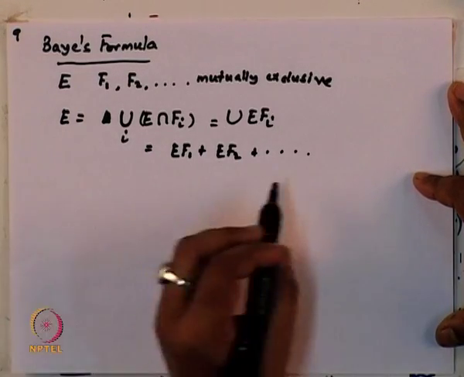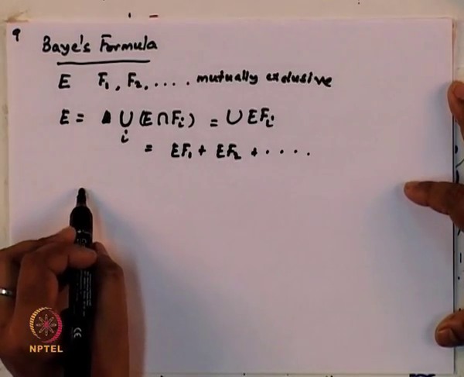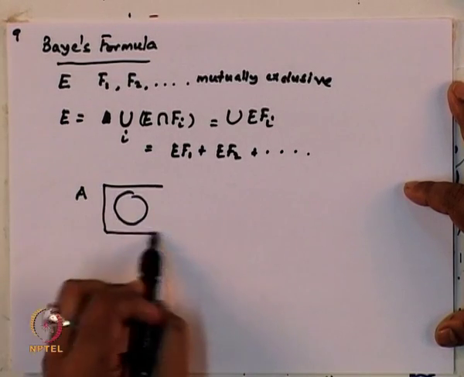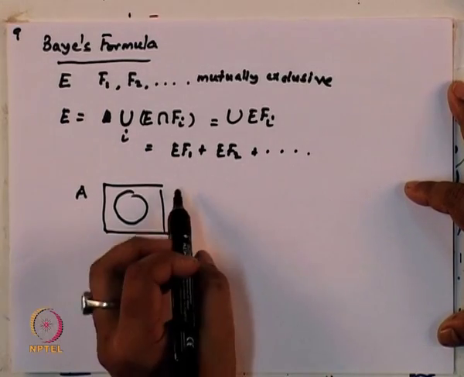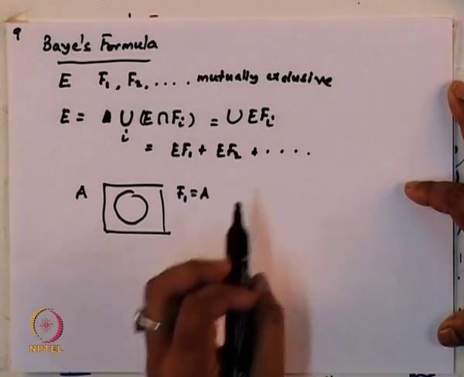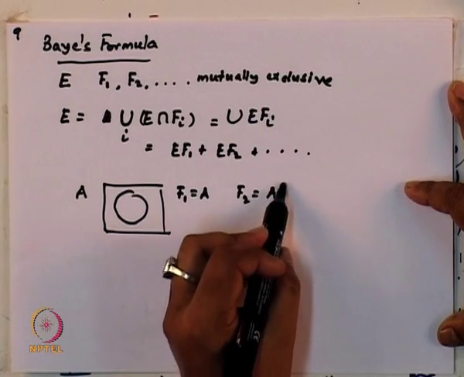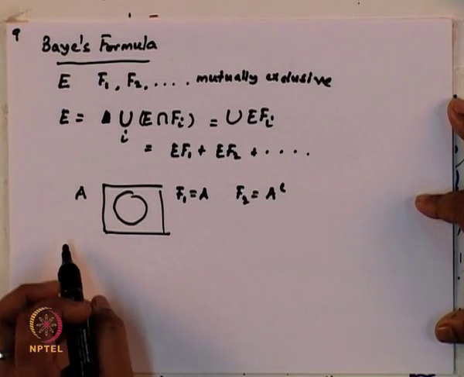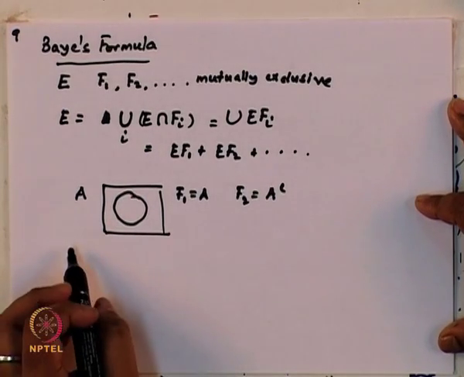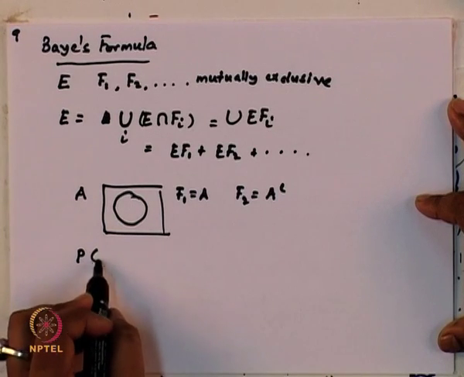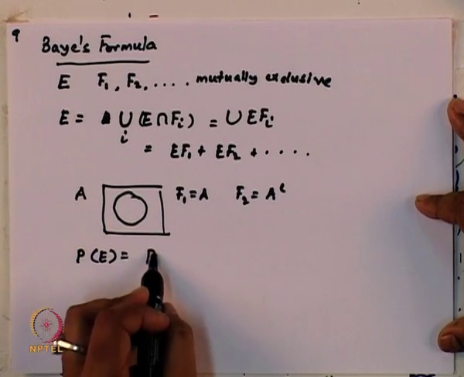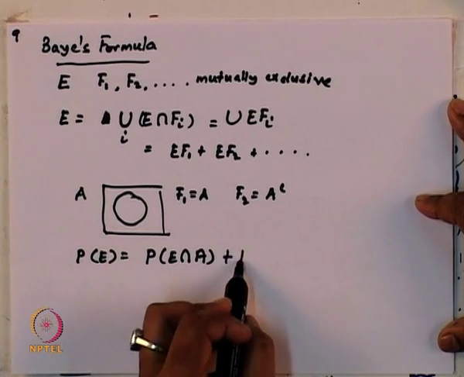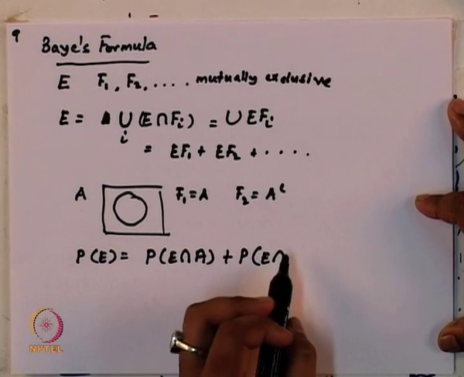If I were to think of a single event A, what is my F1 and F2? If my F1 is equal to A, then my F2 is nothing but A complement. Based on that, I can write my probability of event E as probability of E intersection A plus probability of E intersection A complement.